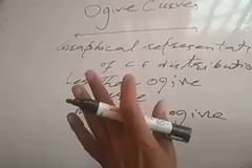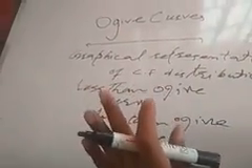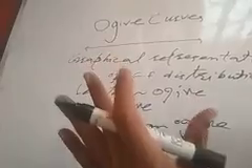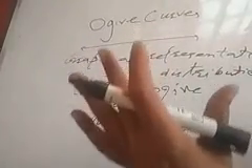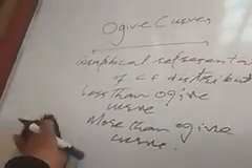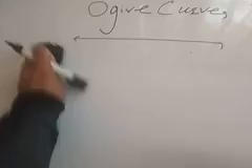I will show you what an Ogive curve is, how to draw an Ogive curve, and how to convert a continuous class interval frequency distribution table into a less than Ogive curve or more than Ogive curve. I will first give you an example to show it graphically.